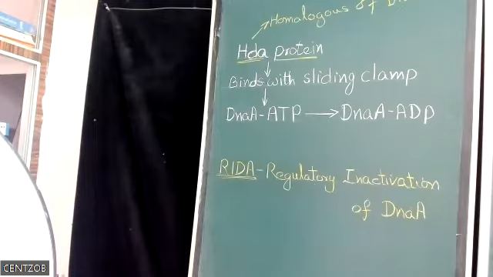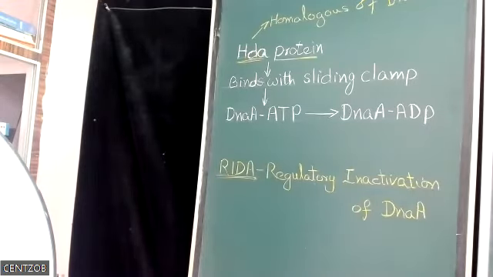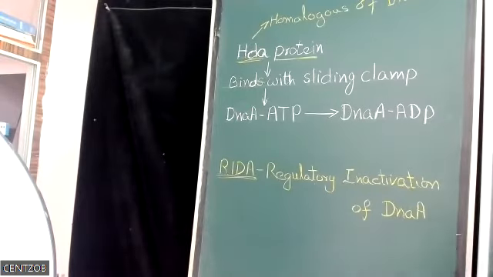I told you, once initiation takes place, then elongation and termination take place, and the replication will be completed. Then the newly formed DNA needs to replicate only after completing the cell cycle, isn't it? So for the time being, this newly formed DNA should not replicate.